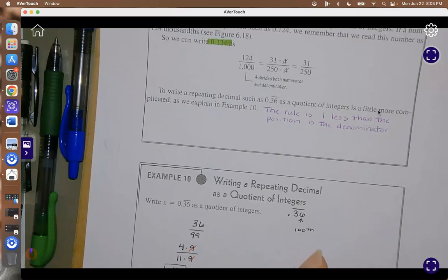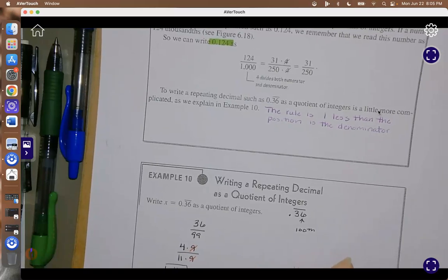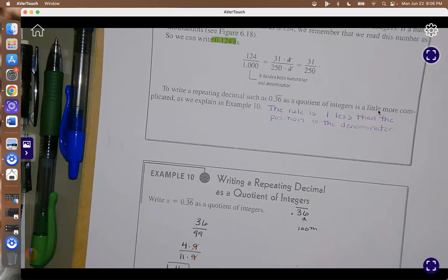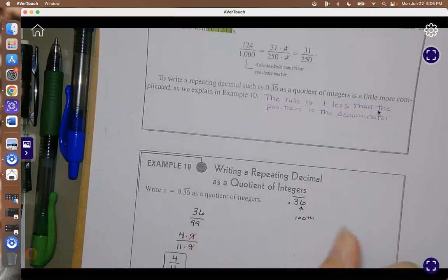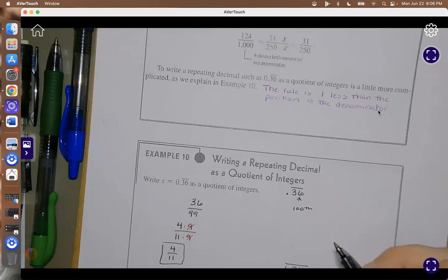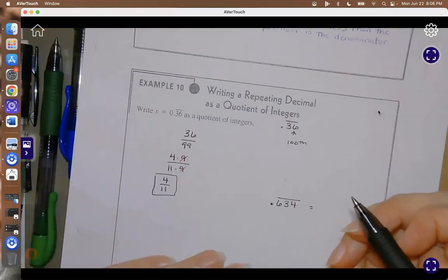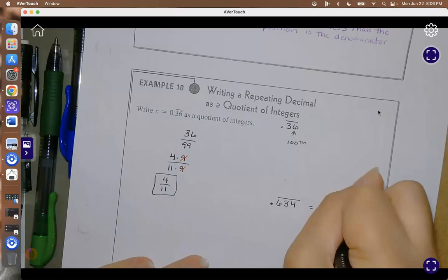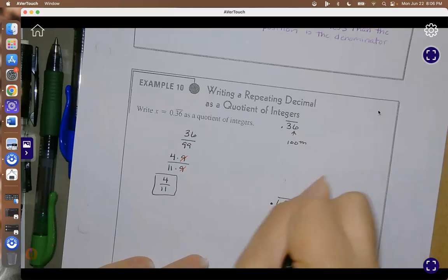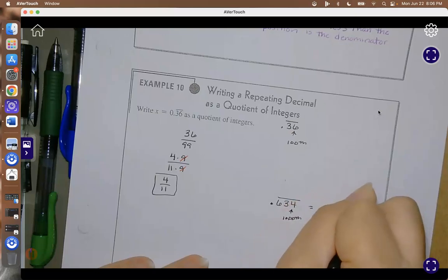Let's look at another one. 0.634 repeating. So this would be 634. This is in the thousandths. So 1 less than 1,000 is 999.